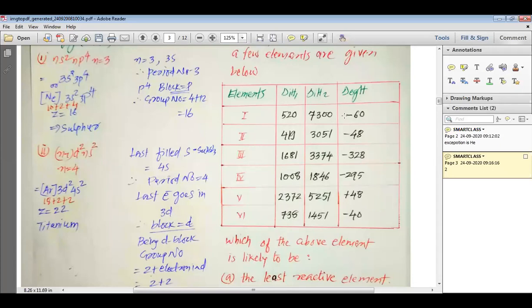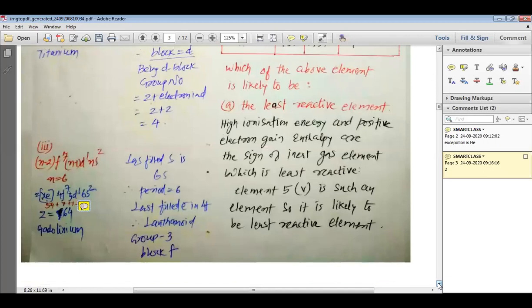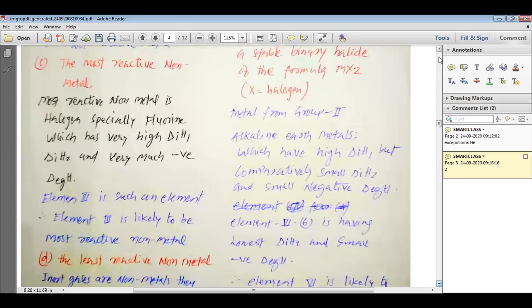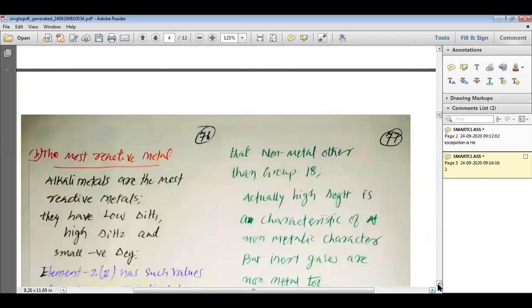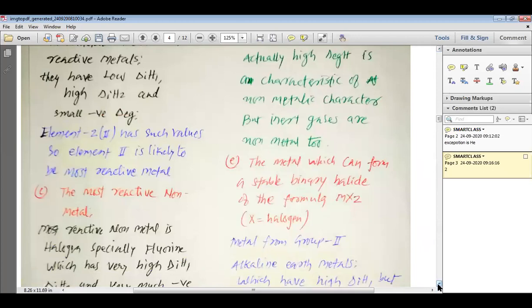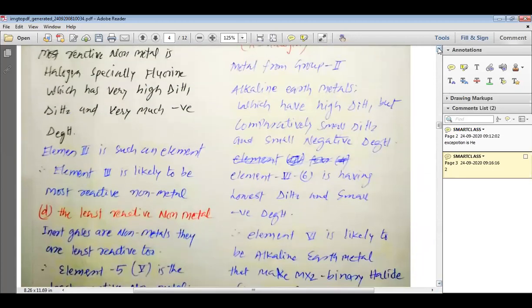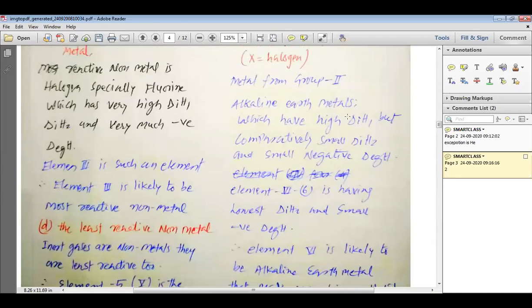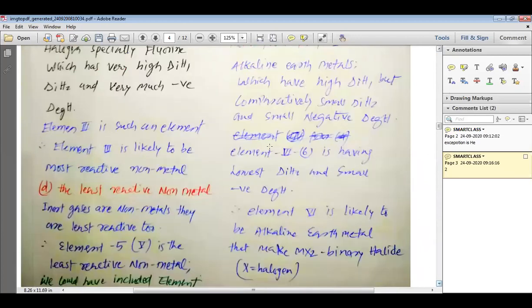It has also got a small negative electron gain enthalpy. For group number 2, we look at element number 6, and that is how we can answer this question, my dear students: the metal from group 2, alkaline earth metals, which have high first ionization enthalpy but comparatively small second ionization enthalpy, and small negative electron gain enthalpy.